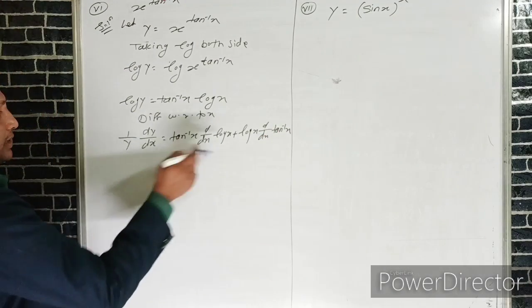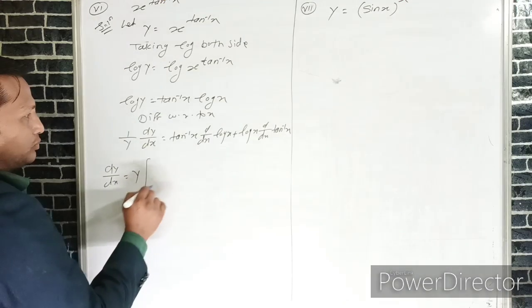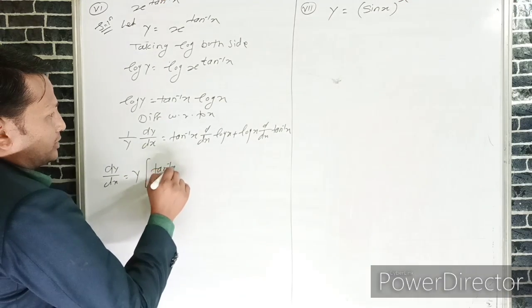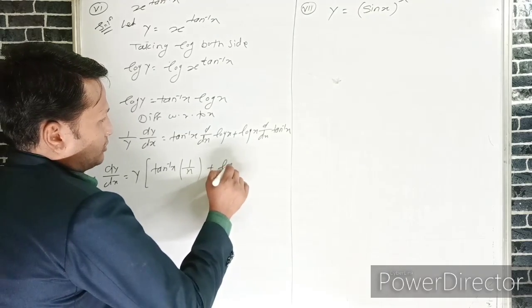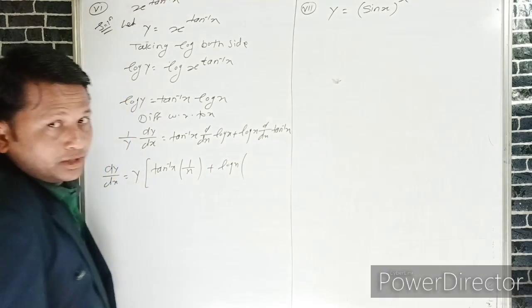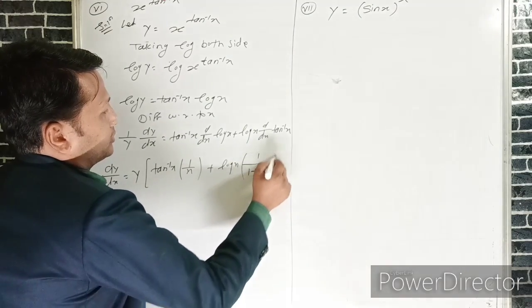If we shift this y to the right side, then dy upon dx is equal to y into tan inverse x into the derivative of log x, which is 1 by x, plus log x into the derivative of tan inverse x, which is 1 upon 1 plus x square.